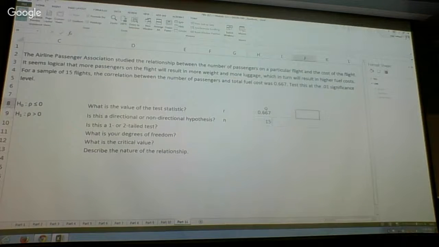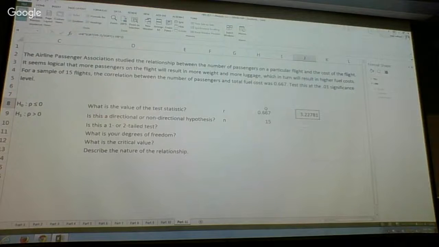Okay. R times the square root of N minus 2, divided by the square root of 1 minus R squared. A test statistic of 3.22. Looks like B.